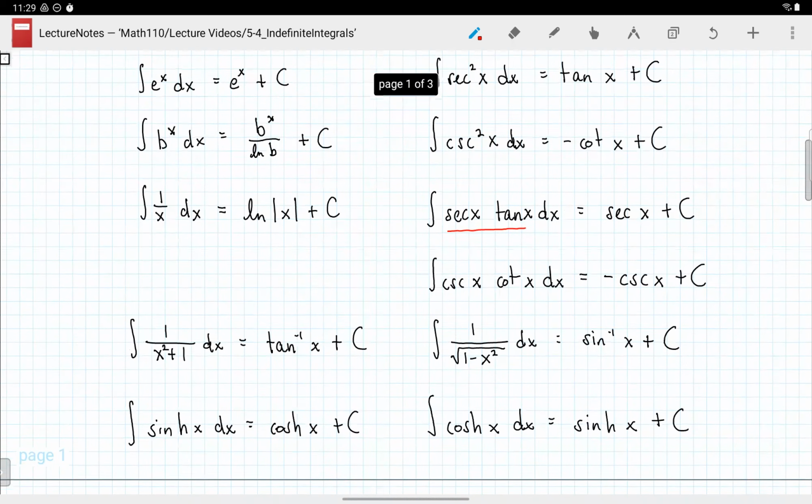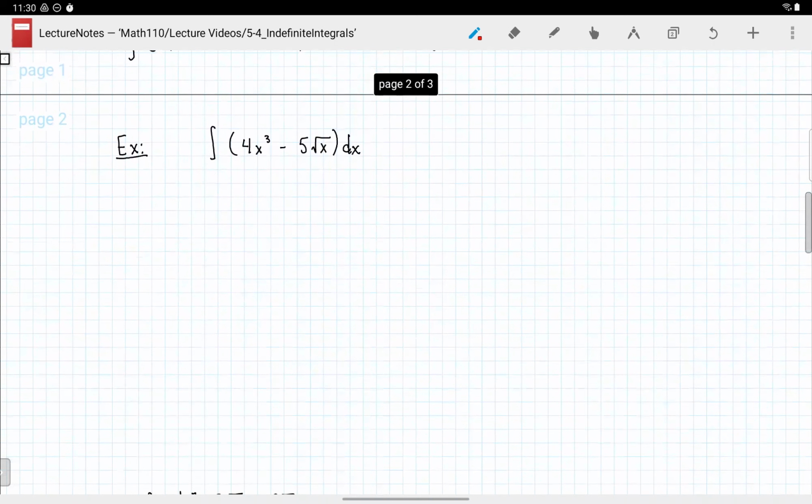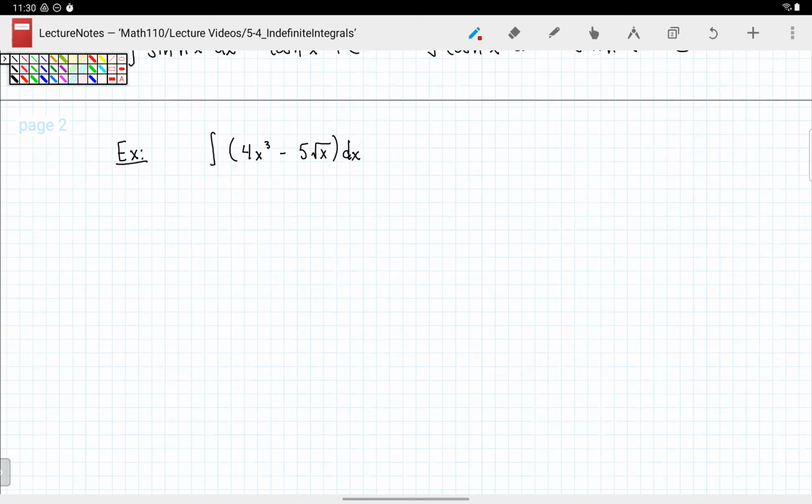Okay. So let's actually do an example of this. In this case, we have a power function, or a sum of two power functions. Basically what we're doing here is finding the antiderivatives of the sum of two different parts.